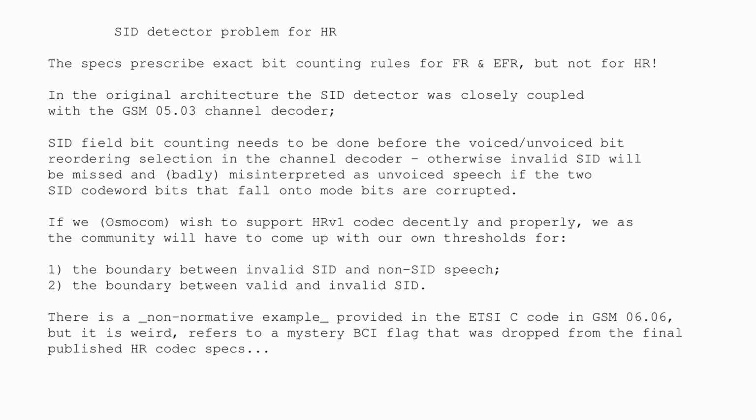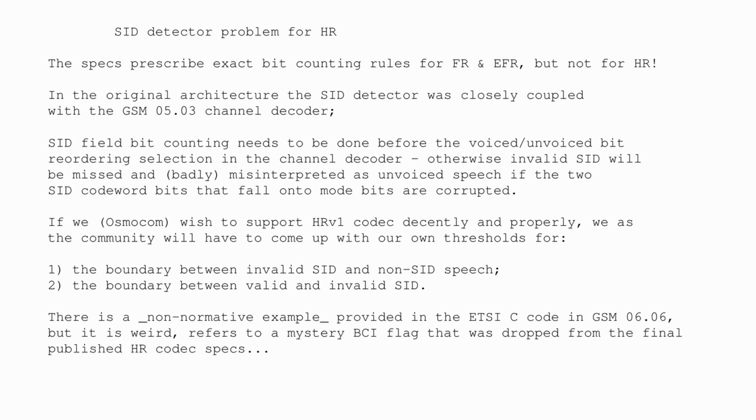And so one of the first difficulties that we have with half rate is that, first of all, in the original architecture, they envisioned the SID detector as being closely coupled to the channel decoder. And if you think about it, you're trying to detect how many bits are in error.